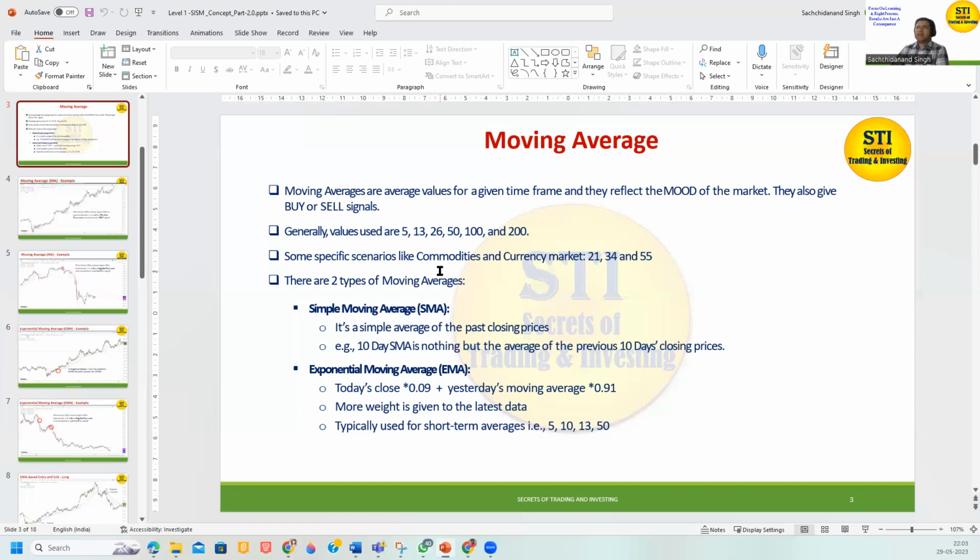EMA and SMA, simple moving average or exponential moving average, both can be used for any time frame. What the example I said was just based on these two indicators, one can choose for long-term investment.